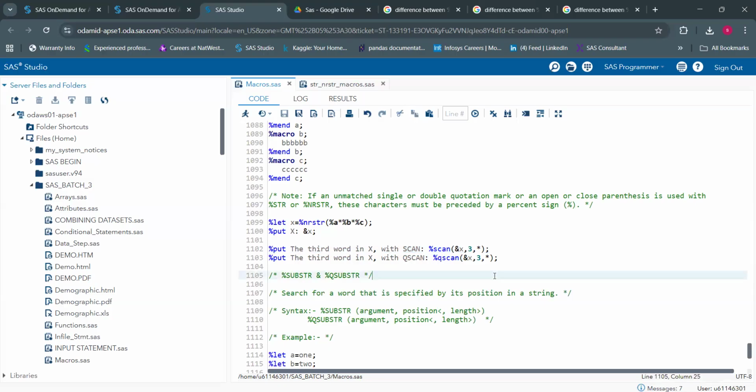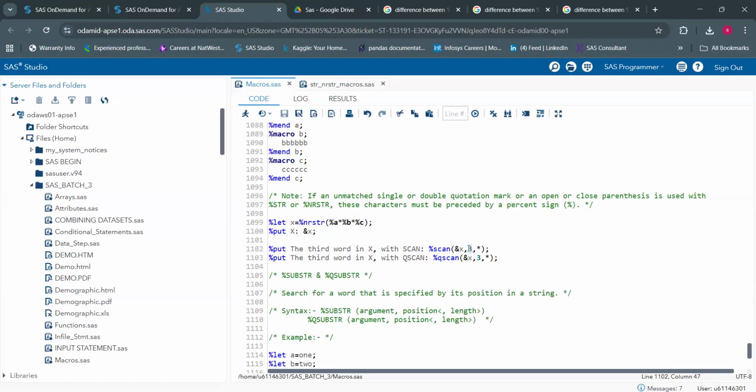Okay. So we'll go with the basics, the basic syntax of scan. What is &x? It's a string. What is 3 here? So what does the syntax of scan have?